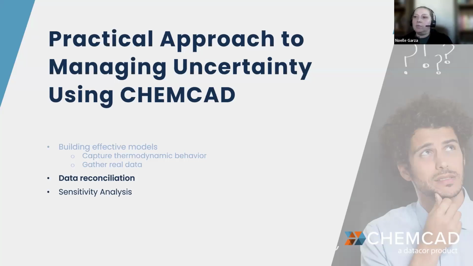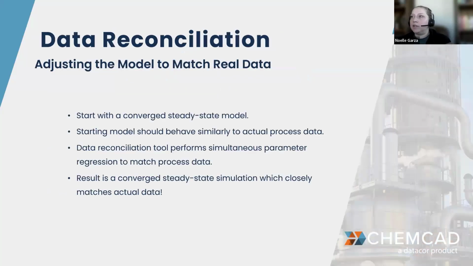I just thought that because we're talking about modeling and data and matching your process to real data, I would slip this topic in here because sometimes people don't realize this is available in ChemCAD. And you can, and probably should, do sensitivity analysis before you're doing data reconciliation, but I'll just go ahead and bring up data reconciliation now.